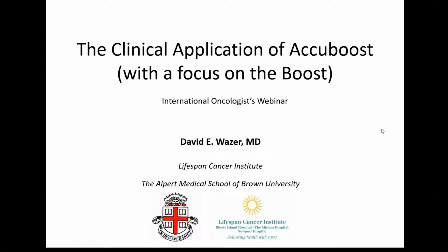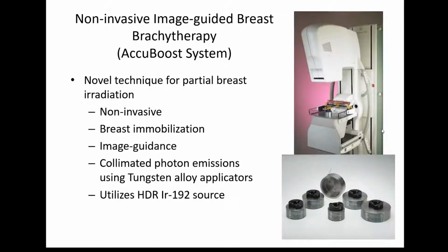Next slide. So the system, as I've described, really consists of several pieces, and there's a novel technique for partial breast radiation in that it is non-invasive, consists of breast immobilization, and what I think is particularly special about AccuBoost is it's using a mammographic image guidance platform, which really is unique within radiation therapy technologies, at least I'm aware of, around breast cancer radiation.